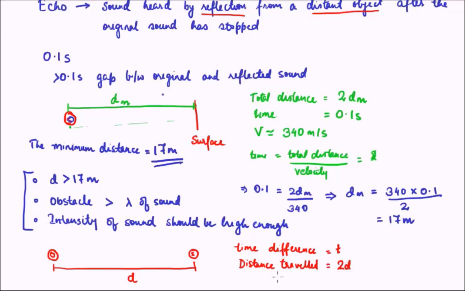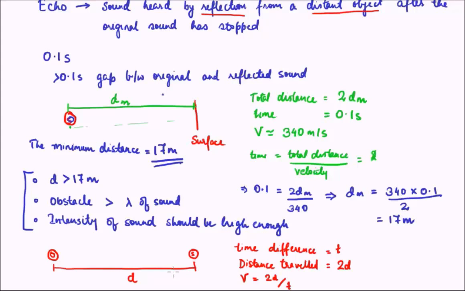Therefore, the velocity of sound, capital V, is distance upon time, that is 2d, which we know since we know the distance, upon t, the time we have timed between the original sound and the echoed sound. So this simple experiment can help us find the speed of sound.